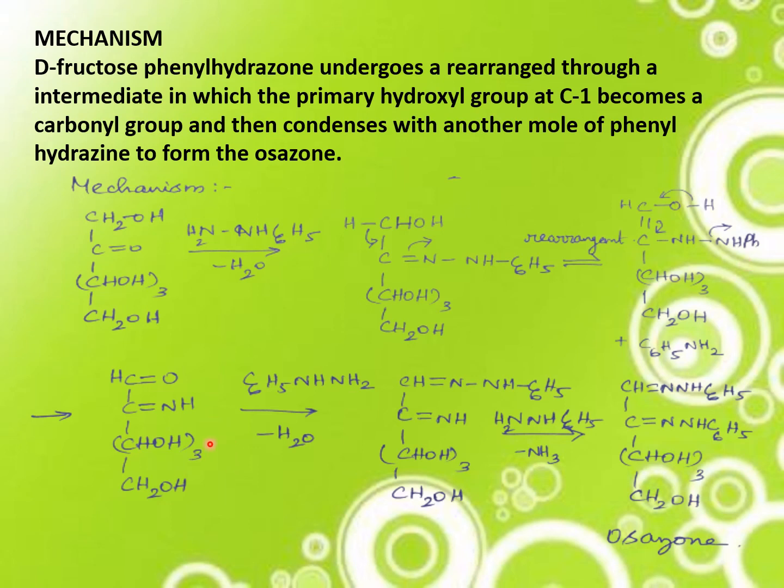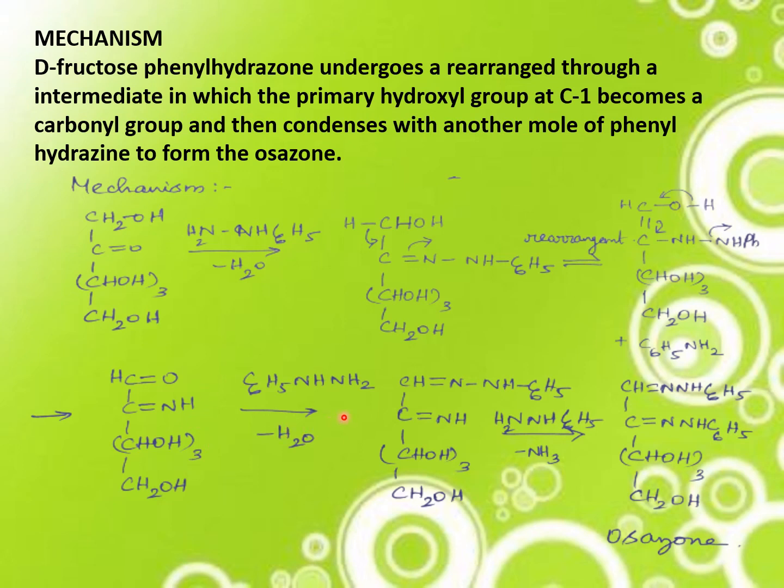So we arrive at this product. Here CHO is present at carbon 1 and imine is present at carbon 2. C double bond O and C double bond NH are present at carbon 1 and 2 respectively.